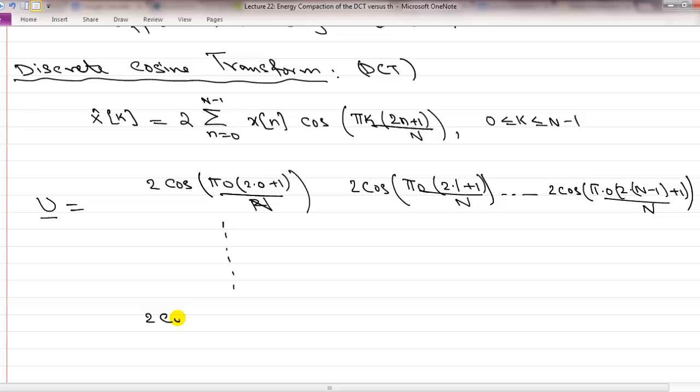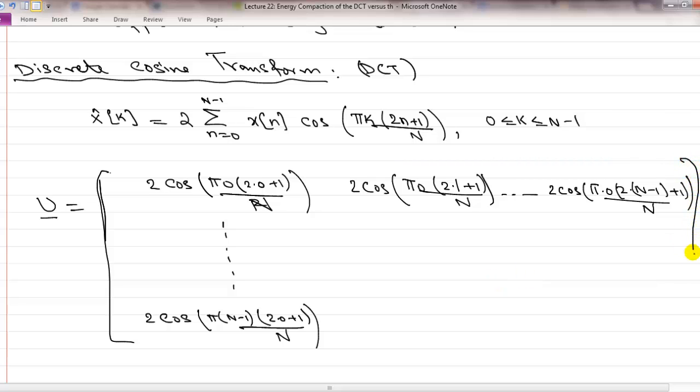The last row will be 2 cosine of pi times N minus 1 times 2 times 0 plus 1 over 2 capital N. And similarly, you can just extend each of the entries.